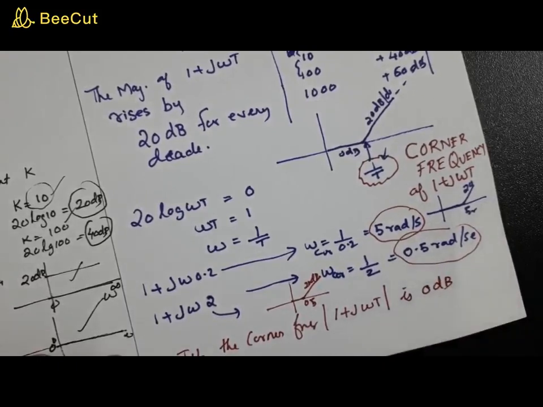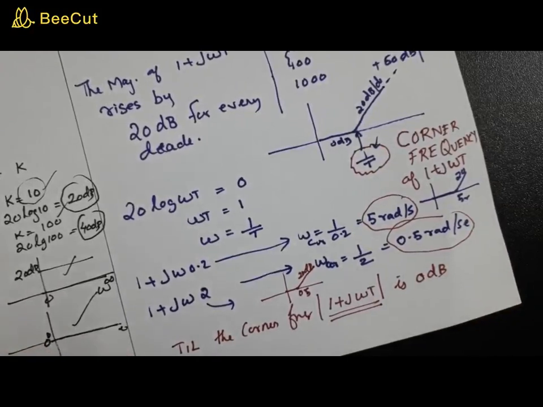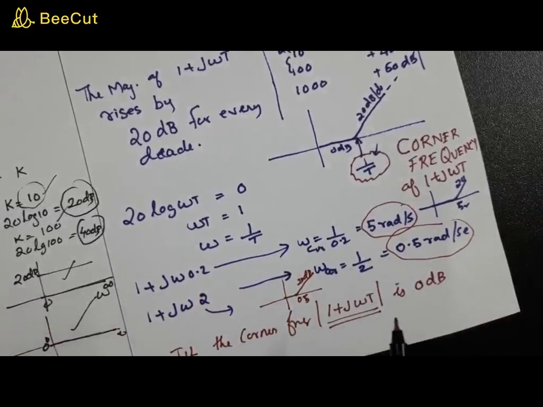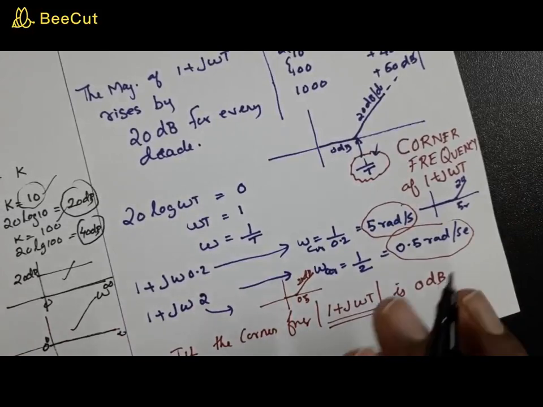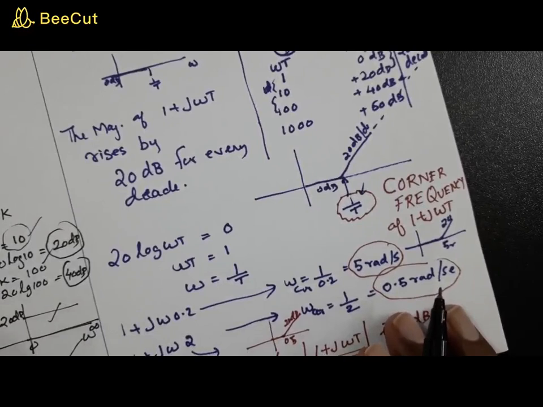In other words, in the magnitude plot this particular term will not have any effect till the corner frequency. That's why the corner frequency of this term is so important in order to draw the Bode plot. So this is all about the magnitude of this term, and you will understand as we do problems.